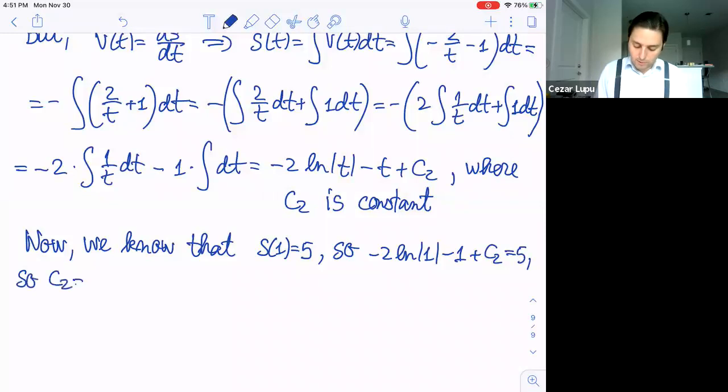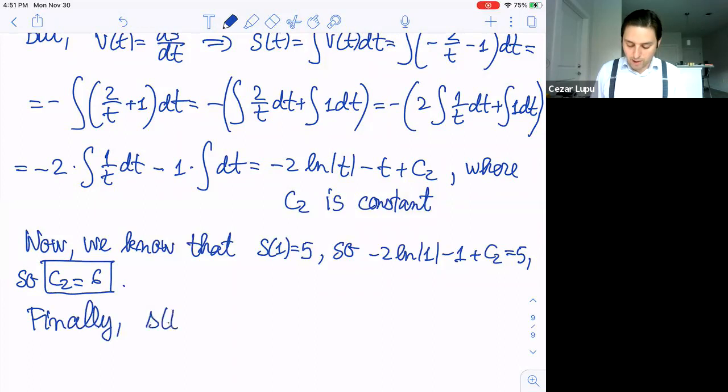So c2 here will give us 6. Okay, great. And now finally, we found the position function. We have that s of t is negative 2 ln of absolute value of t minus t plus 6.